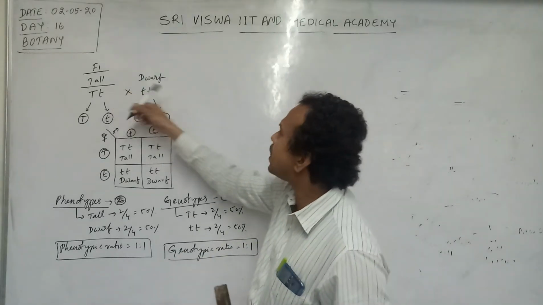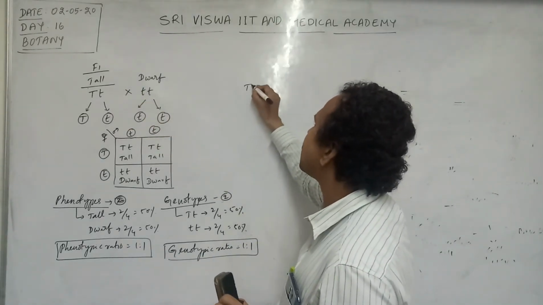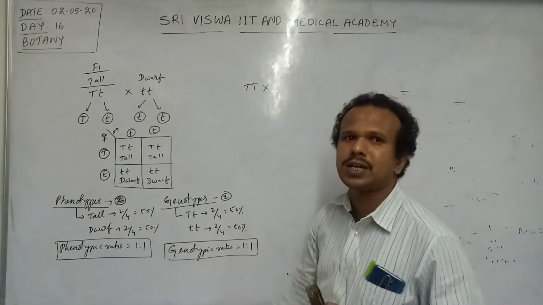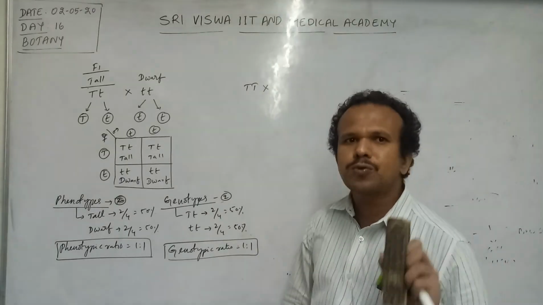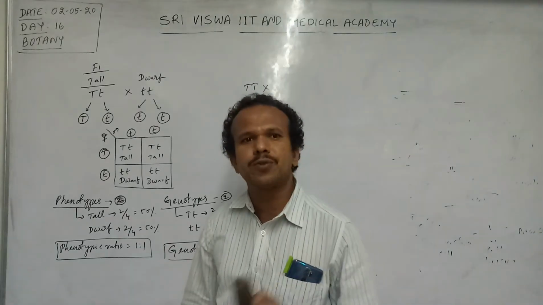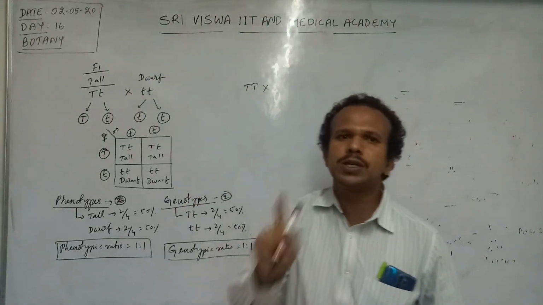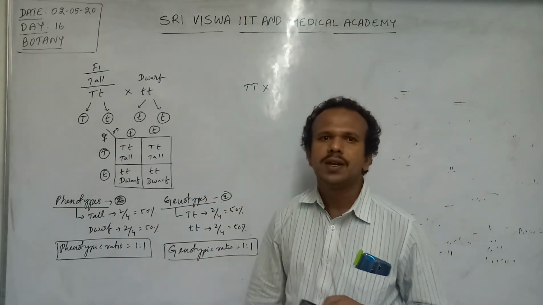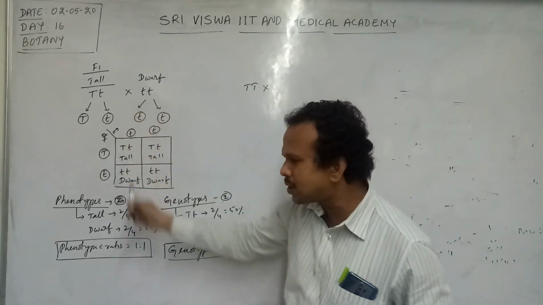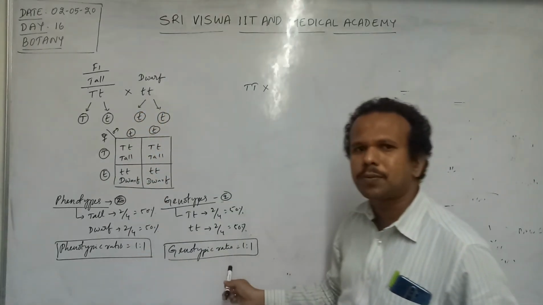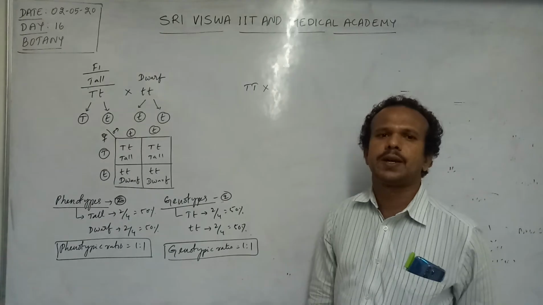Consider another case, if this tall plant is homozygous tall. Tall plants formed in F2 generation are of two types, homozygous tall and heterozygous tall. If tall plant is heterozygous, what is the result? Phenotypic and genotypic ratios 1:1.